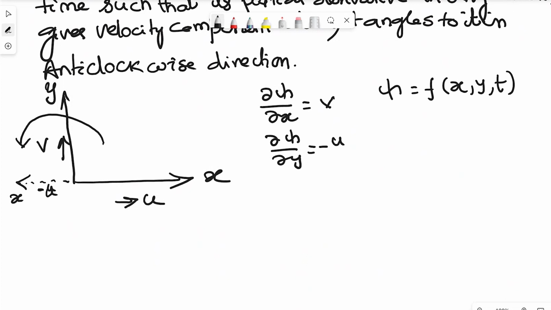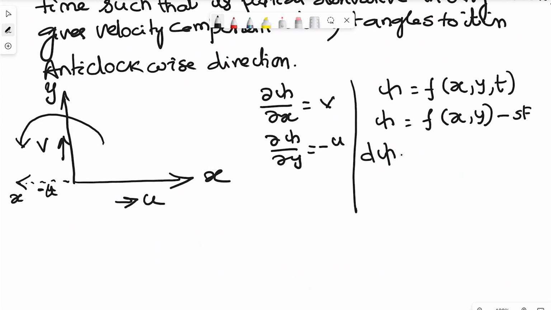Now, in the case of steady flow, psi is a function of x and y only. Then the total derivative d psi is equal to dou psi by dou x into dx plus dou psi by dou y into dy, because psi is a function of x and y.